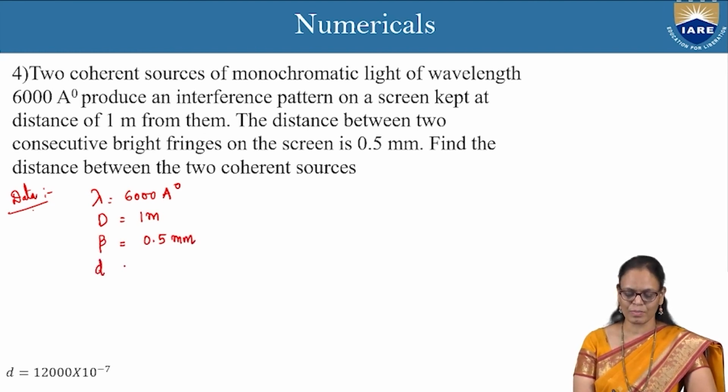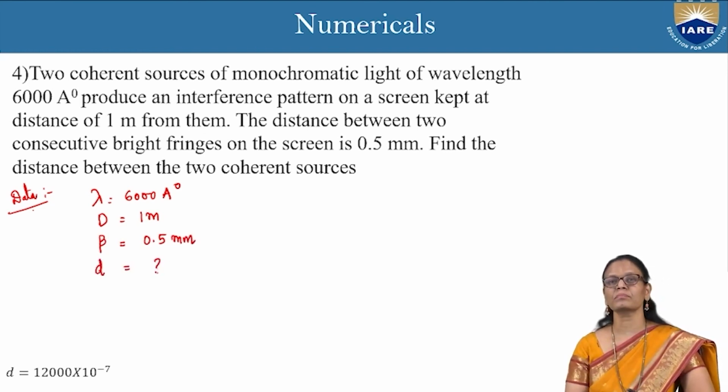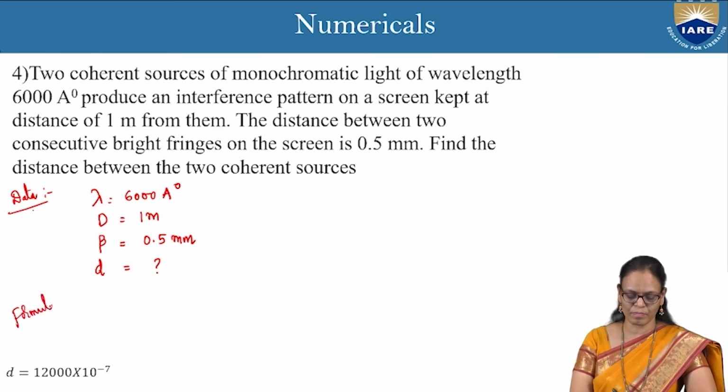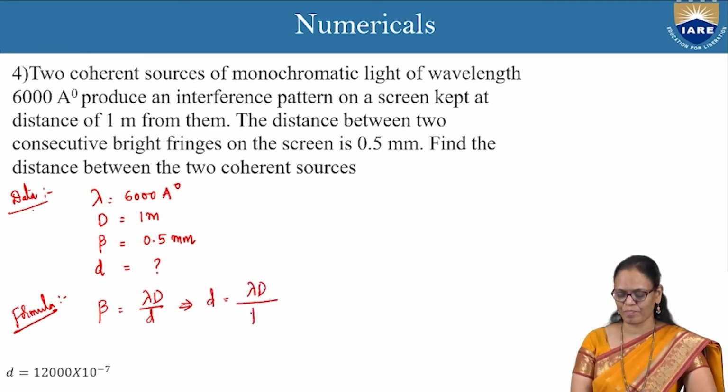And we have to find small d, the distance between the two coherent sources. Now which formula we are going to use? I'll again write the basic formula first. Beta is equal to lambda D by d. So which gives us small d is equal to lambda D by beta.